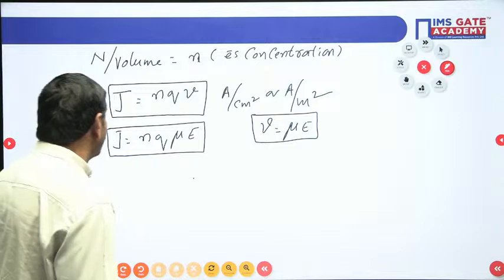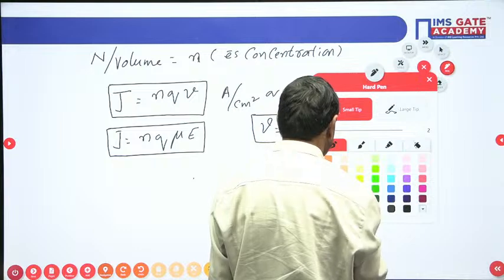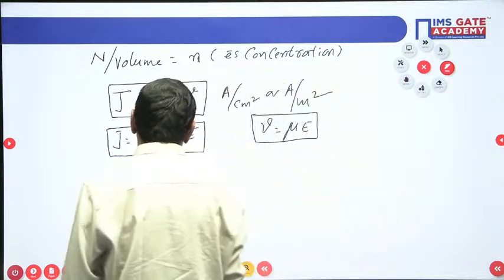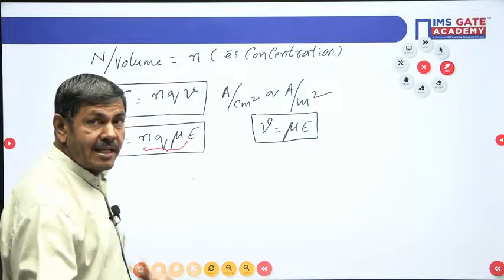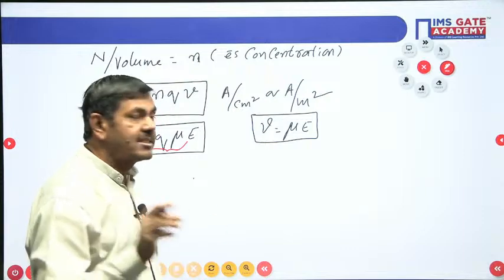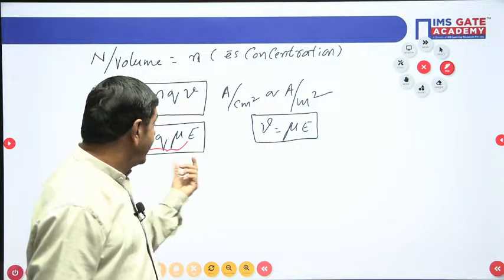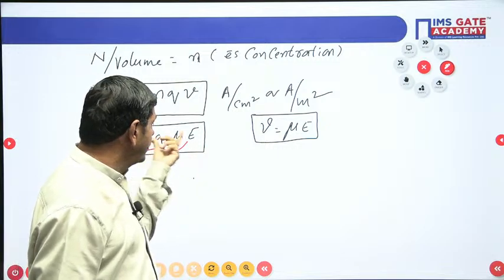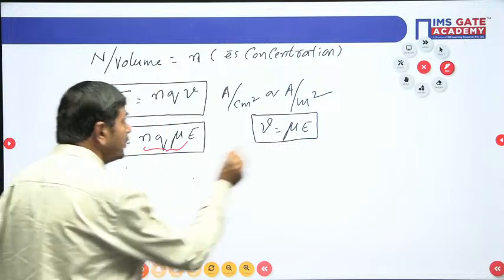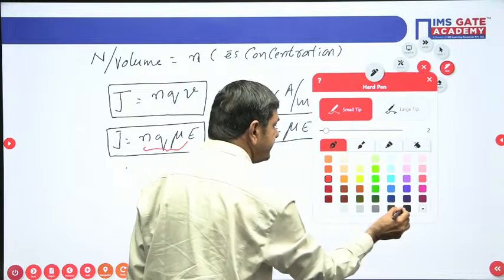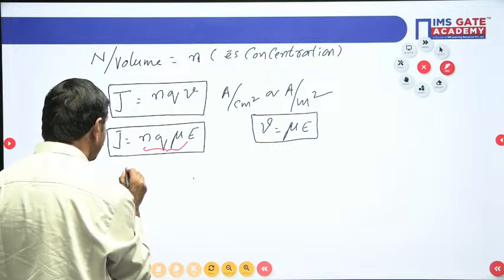And one more point I want to give. N into Q into mu. Catch my point. N into Q into mu. N into Q equal to, I said already, volume charge density of electrons, into mobility mu. nQ, meaning charge density into mobility, is called conductivity.